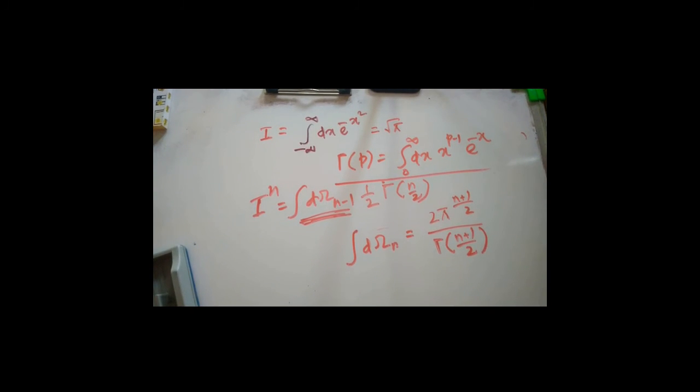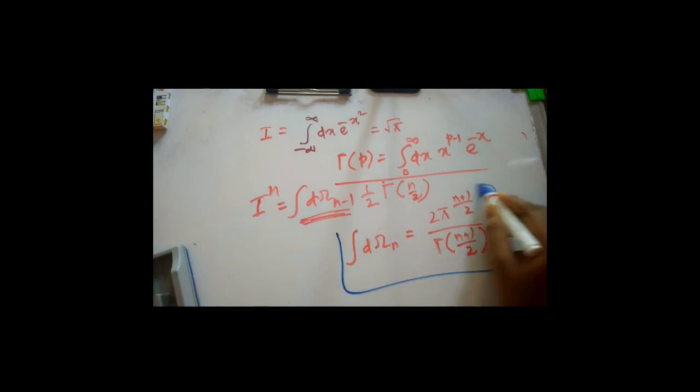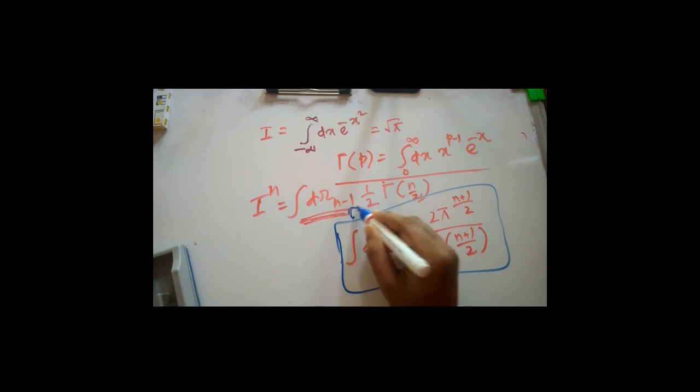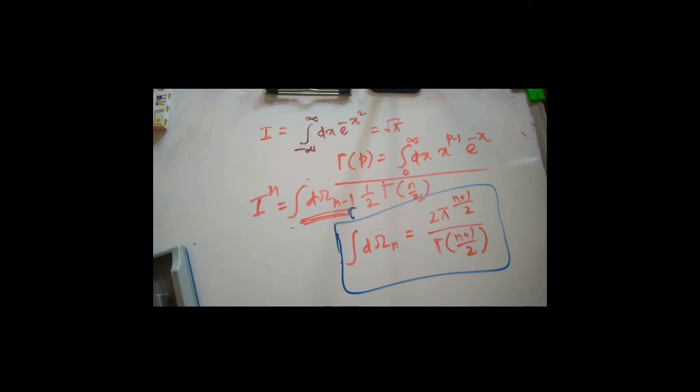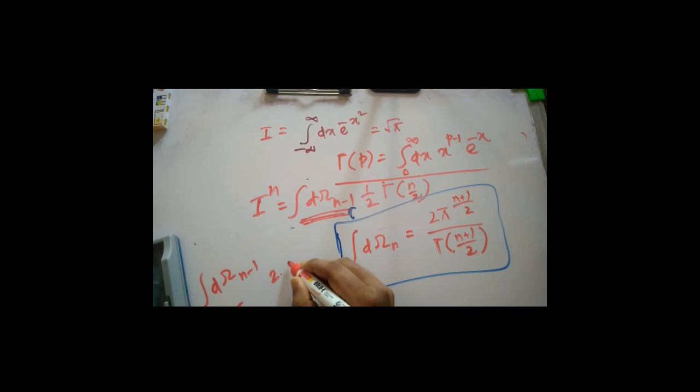And therefore we use this identity here for the integration of the angular part, and if you use this, you can see that this d omega n minus 1 is nothing but twice pi to the power n by 2, and this will be gamma n by 2. Okay, I think you get this, right?